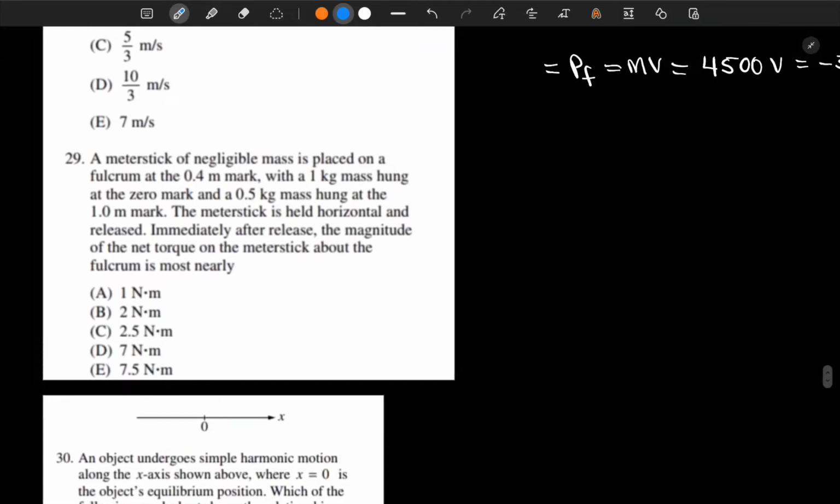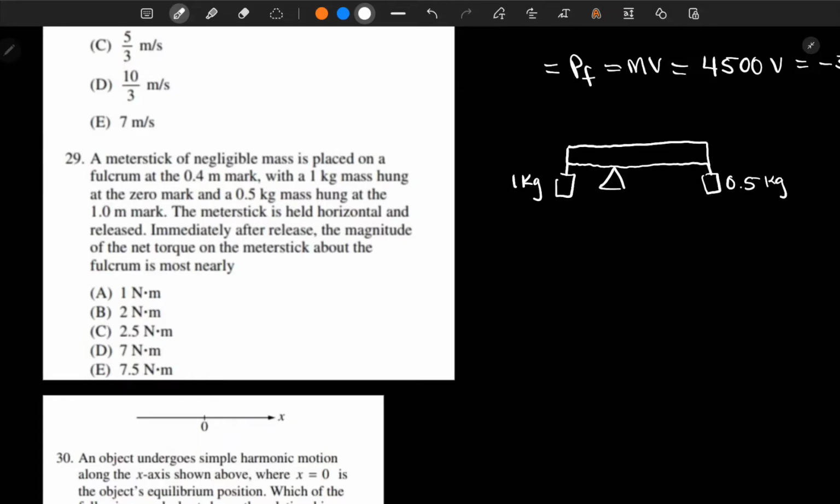Next, let's assume that a meter stick of negligible mass is placed on a fulcrum so that the 0.4 meter mark is on the fulcrum. And at the 0 mark, we have a 1 kilogram mass and a 0.5 kilogram mass is being hung at the 1 meter mark.